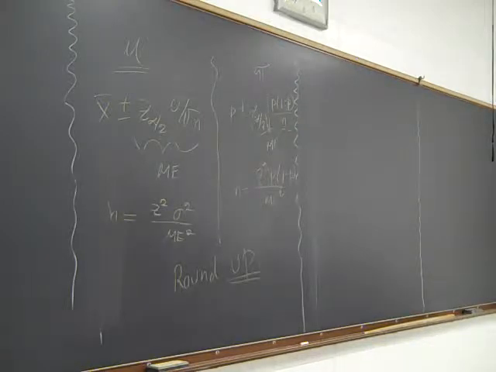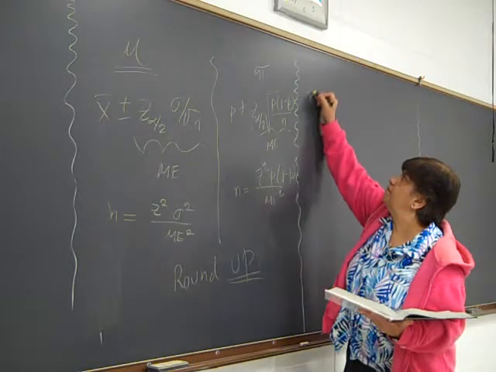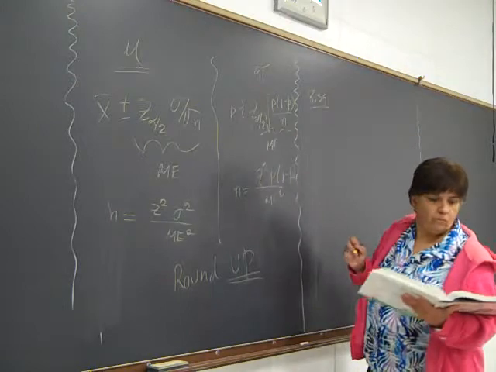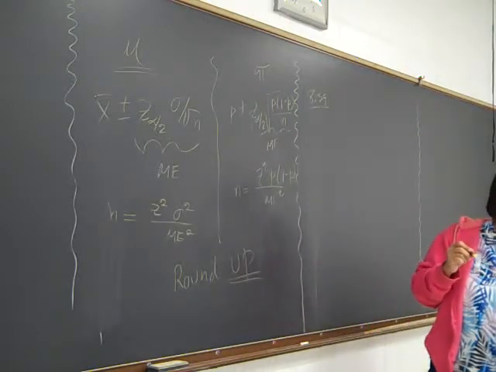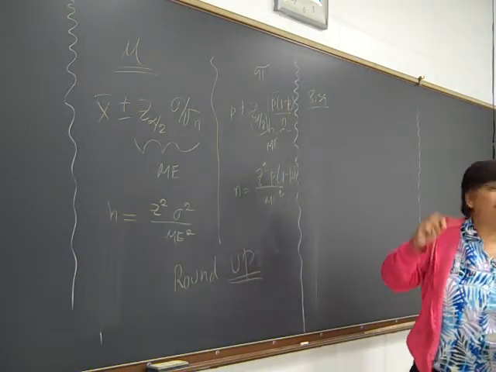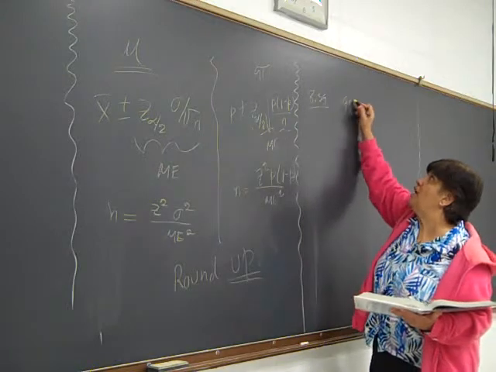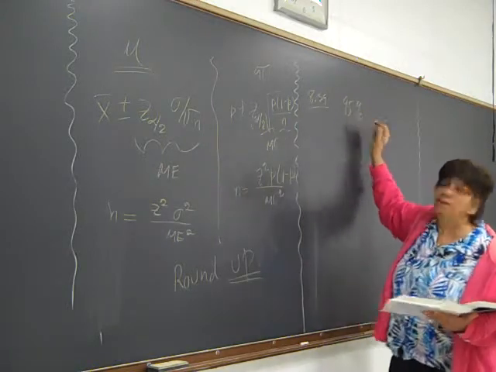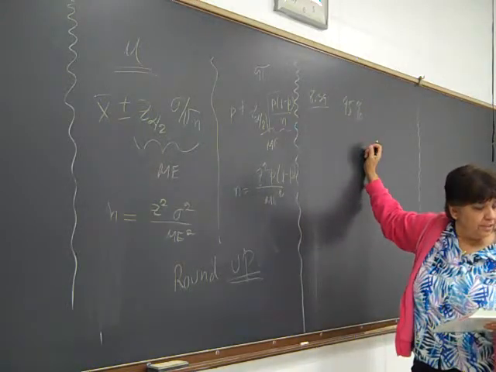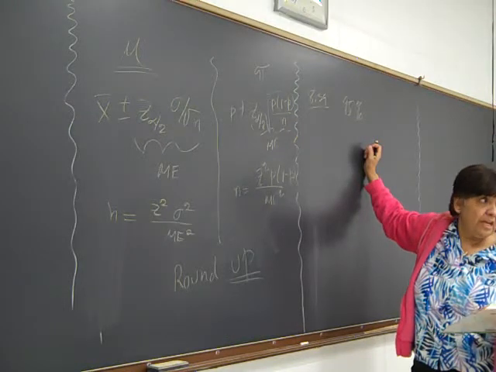Problem 839. It says, determine the sample size needed to construct a 95% confidence interval to estimate the population mean.